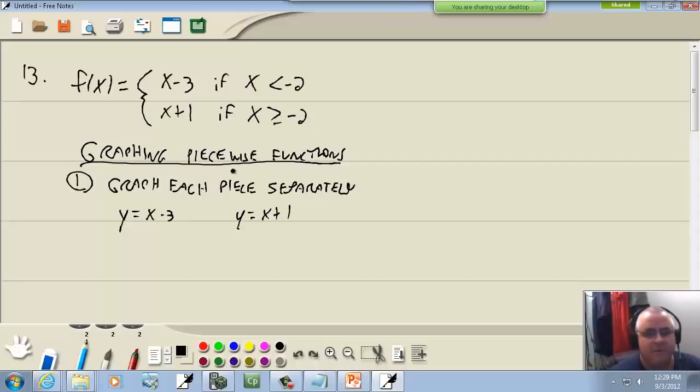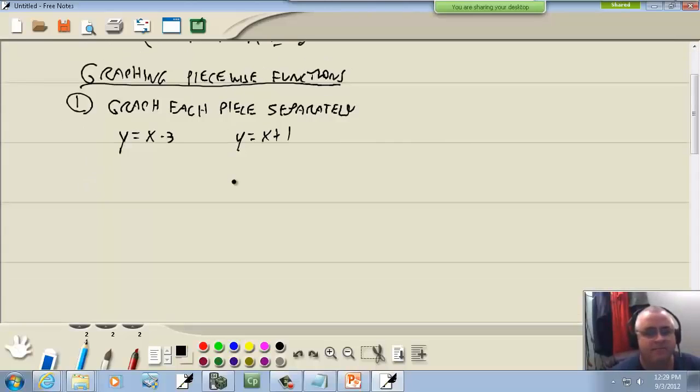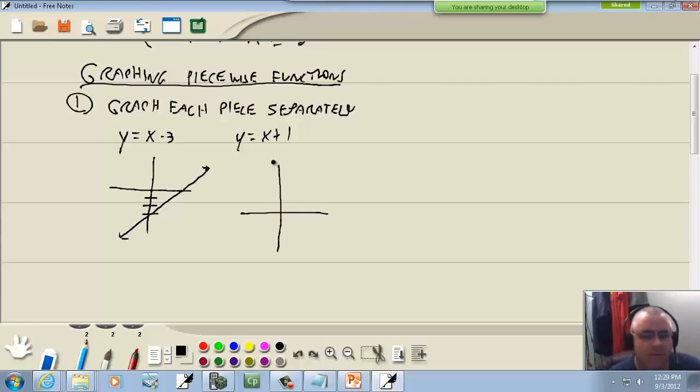Now you could graph these in whatever manner you see fit. Y is equal to x minus 3. Okay, that's shifted down 3. And looks like that. Okay, y is equal to x plus 1. That's up 1. Looks like that.